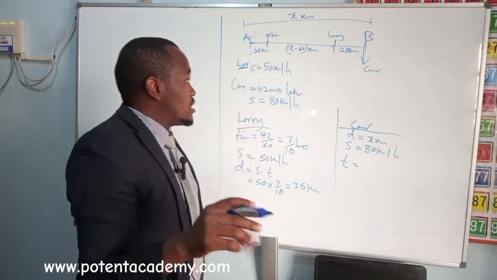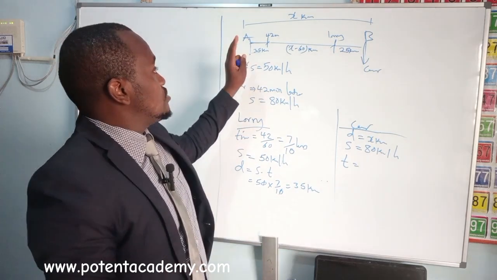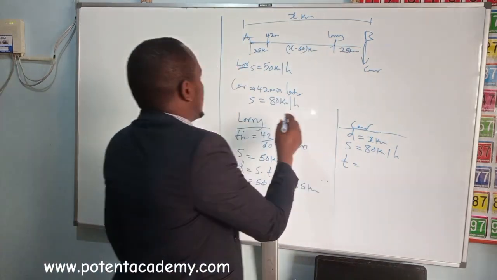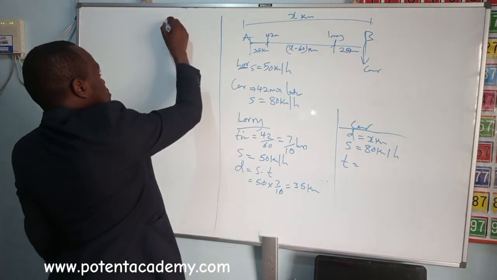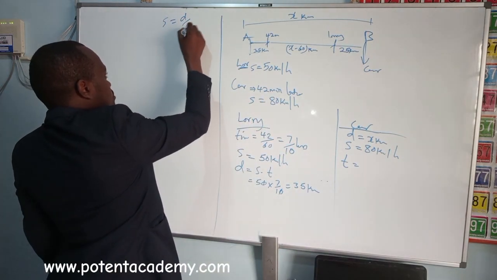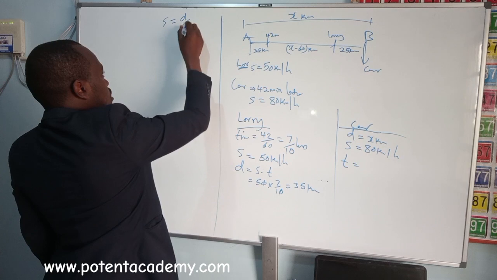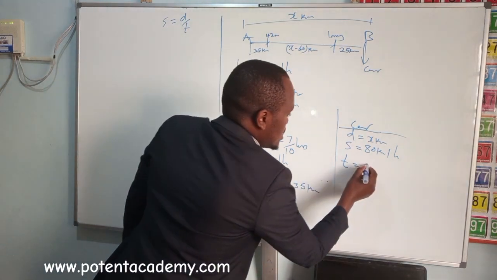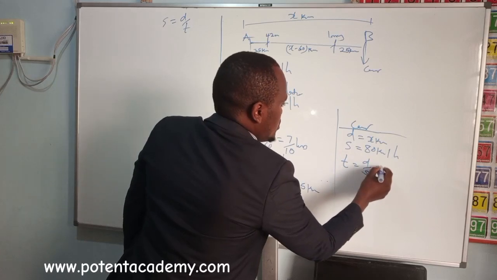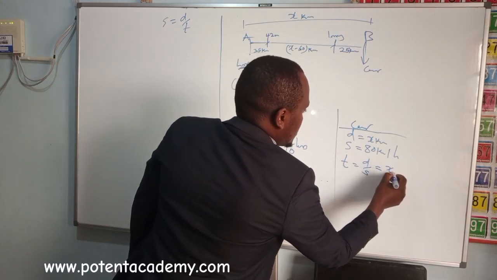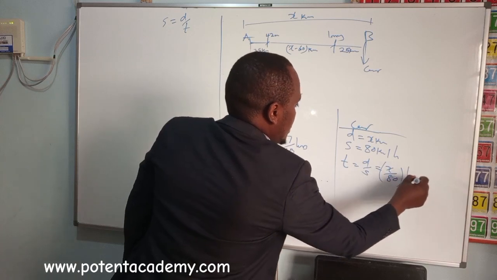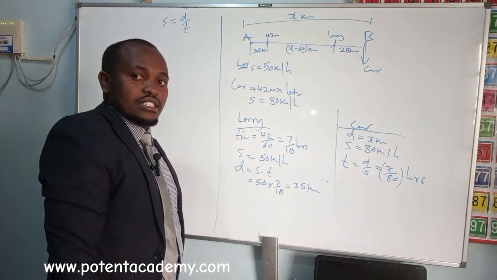Speed is equals to distance over time, so time is equals to distance over speed, which is x over 80. And because it is time, it is given in hours.